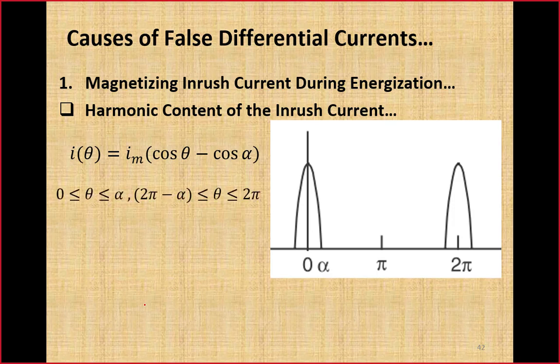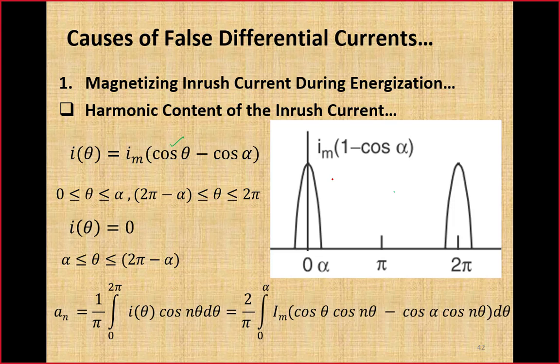The value of current will be this during the time instances from 0 to alpha and from 2 pi minus alpha to 2 pi. And current is 0 everywhere else, that is, when theta is between alpha and 2 pi minus alpha. Here is the peak value of this current, Im (1 minus cos alpha). By substituting theta equal to 0 in this equation, we got this expression.